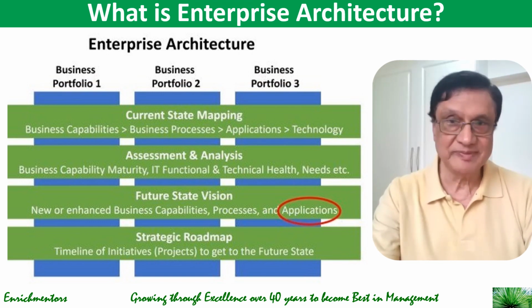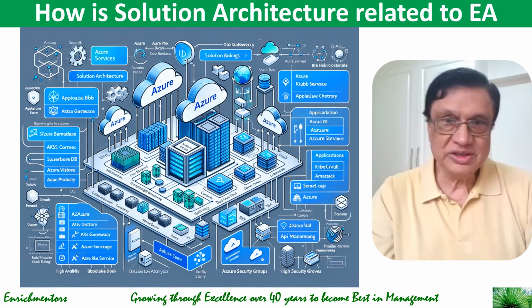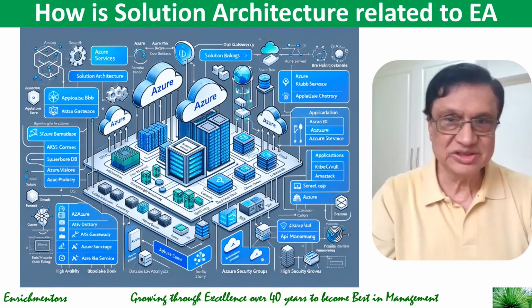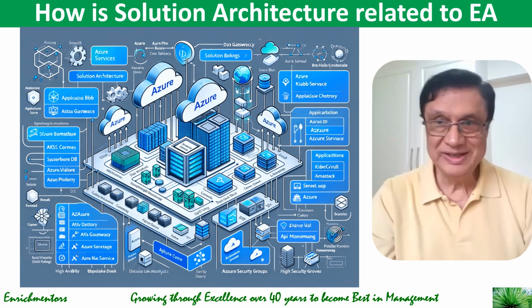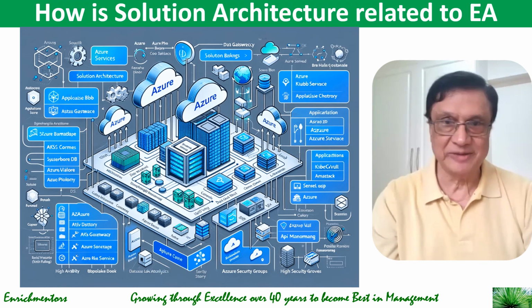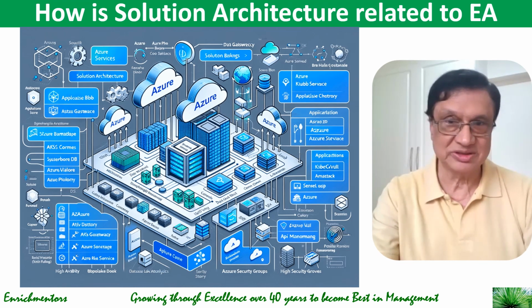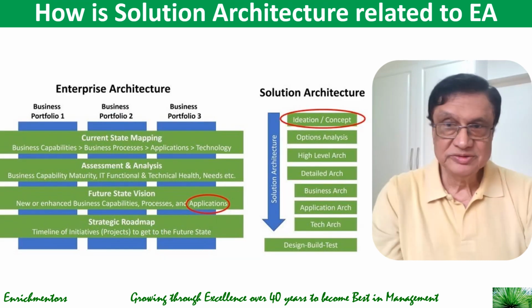Right? So the question now is, how is the solution architecture that we talked about related to EA, right? It is a part of EA, but how exactly is it related? Let's answer that in the next slide.